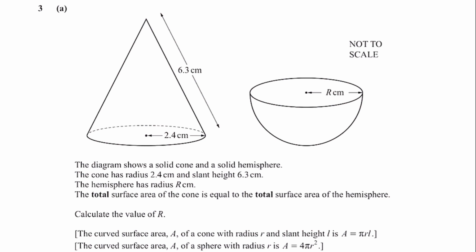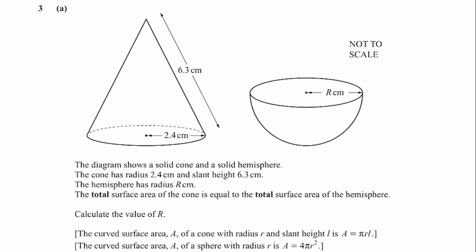The hemisphere has radius r cm. The total surface area of the cone is equal to the total surface area of the hemisphere. Calculate the value of r.